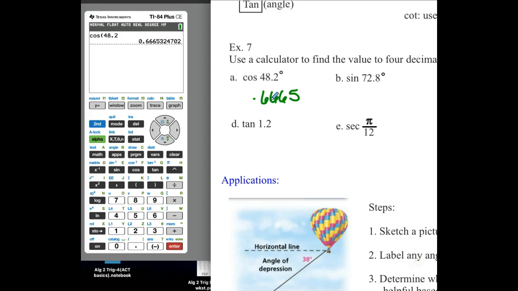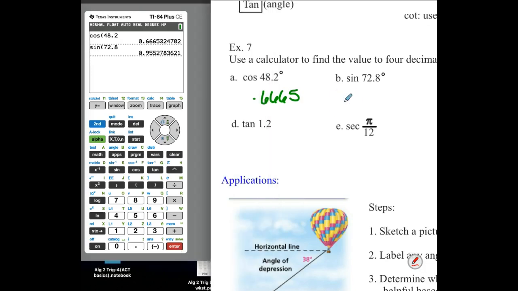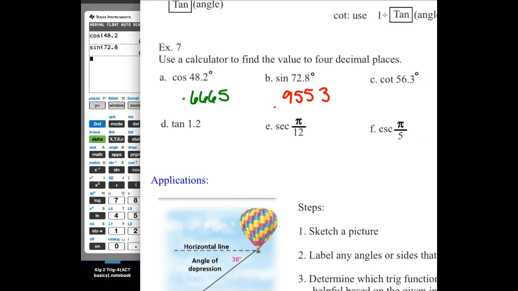Okay. Our next one, we want to do the sine of 72.8 degrees. We get an answer of point what? 9553, rounding it to 4 decimals. How would we do cotangent?